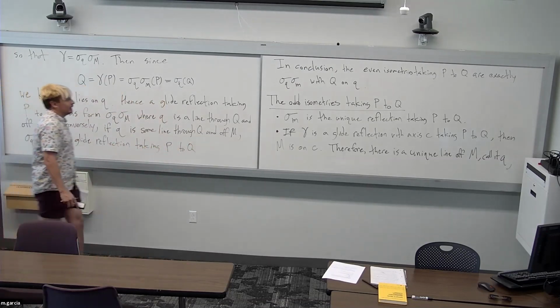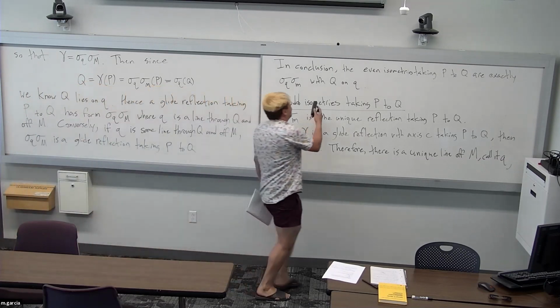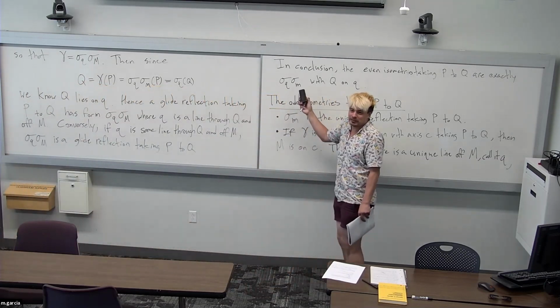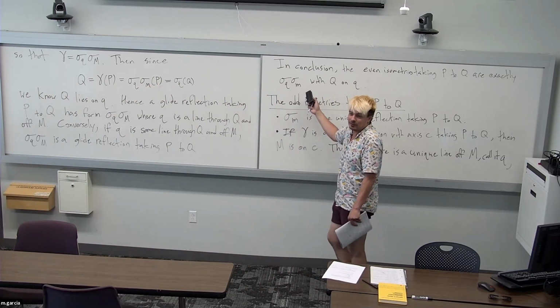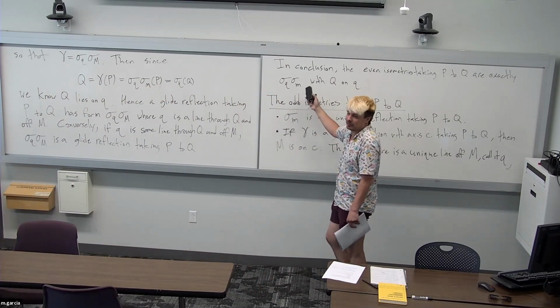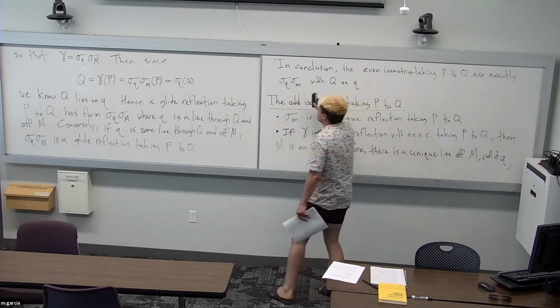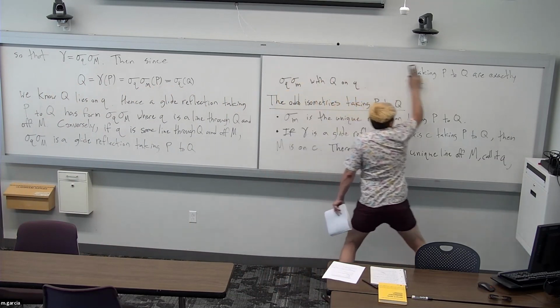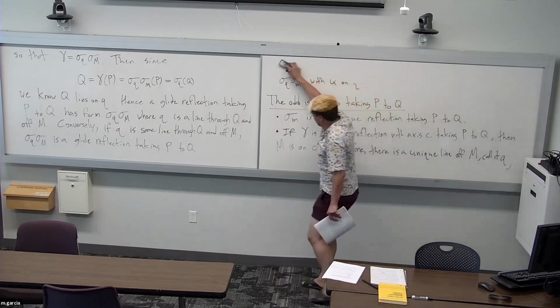Okay, so now we have a very similar conclusion to the even case, but now we have a half turn in our factorization instead of just two reflections. Let me write that down.